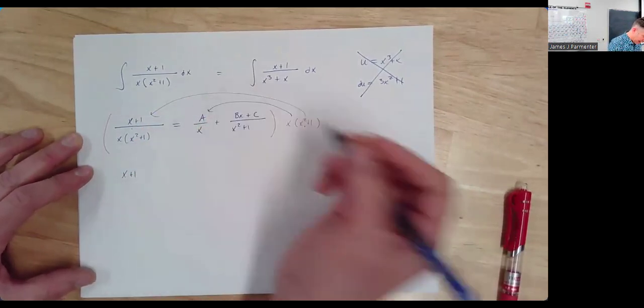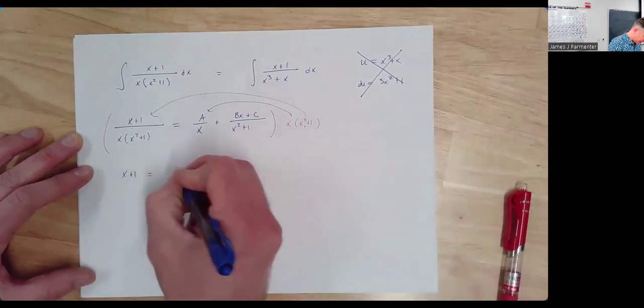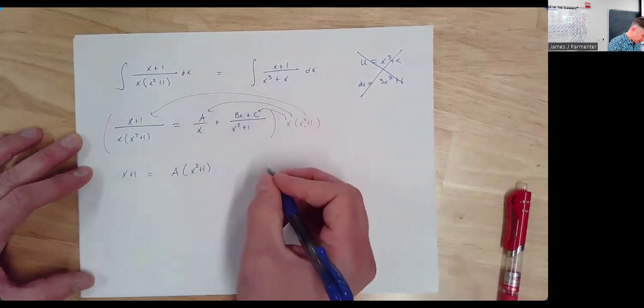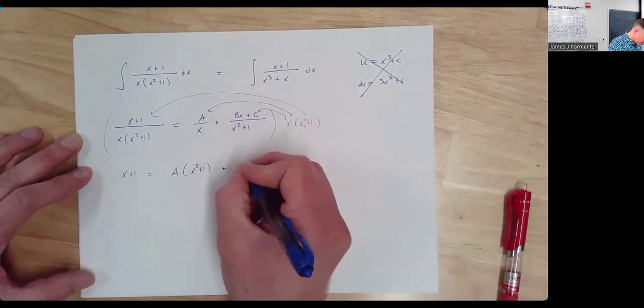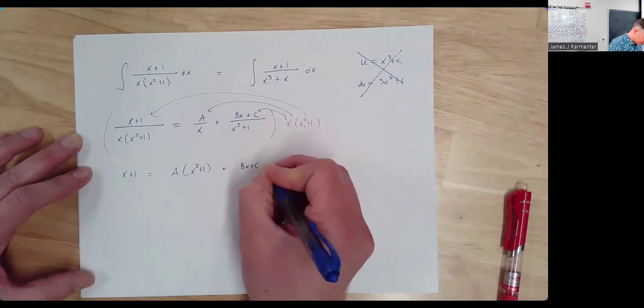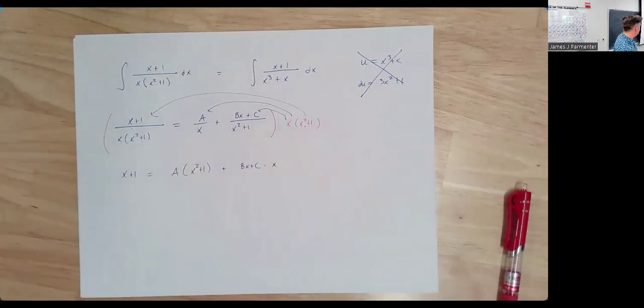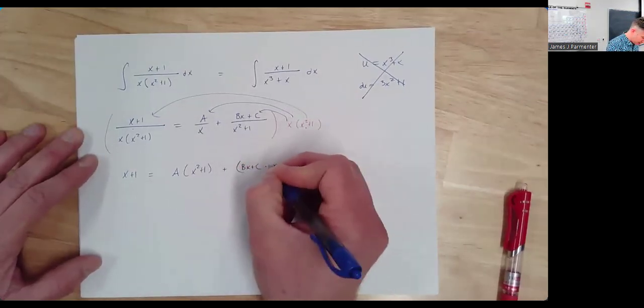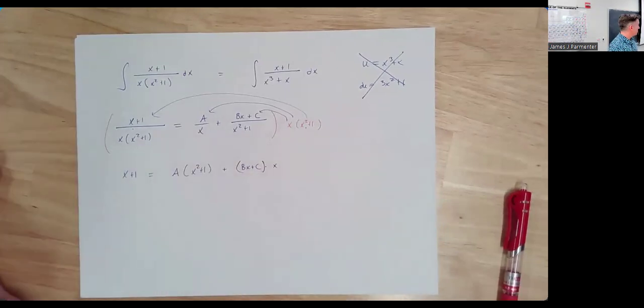This times that, the x's cancel, and we get A times x squared plus 1. And this times that, the x squared plus 1's cancel, and we get Bx plus C times x. Be careful here, I made an error on purpose. I really have to put the Bx plus C in parentheses. It is absolutely necessary that whatever is multiplying the Bx plus C multiplies the entirety of it.